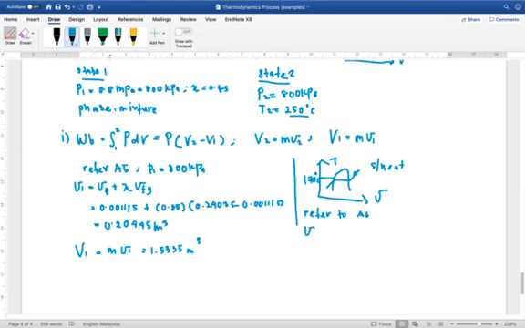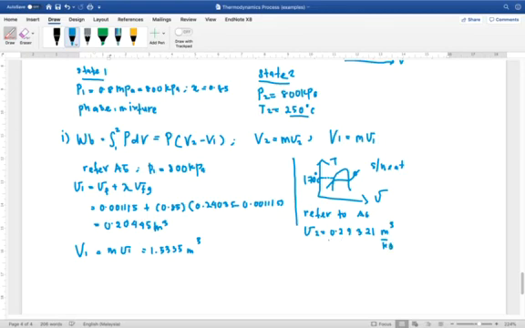So I will get v2 as 0.29321 meter cube per kilogram.